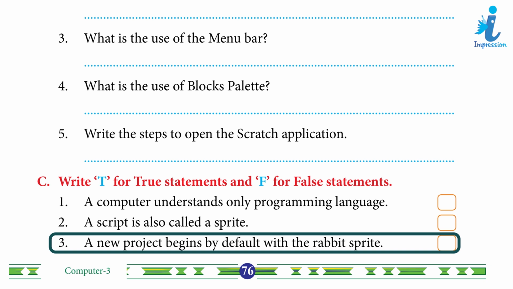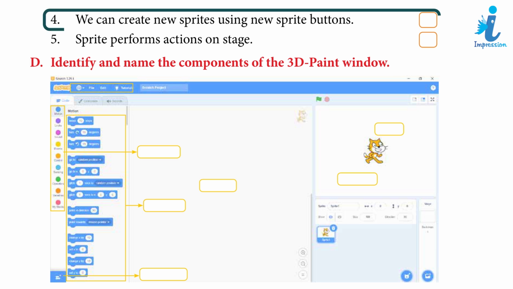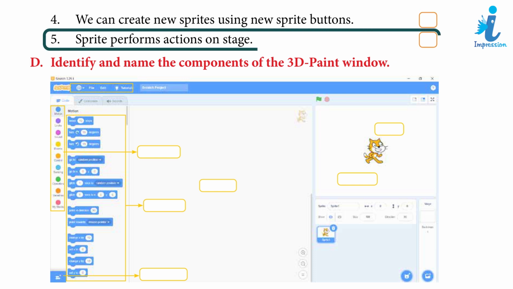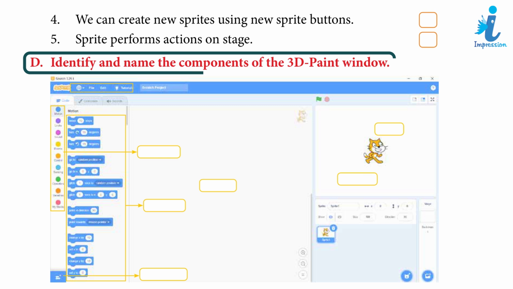Answer: False. 4. We can create new sprites using new sprite buttons. Answer: True. 5. Sprite performs action on stage. Answer: True. D. Identify and name the components of the 3D Paint window. Answer: Do it yourself.